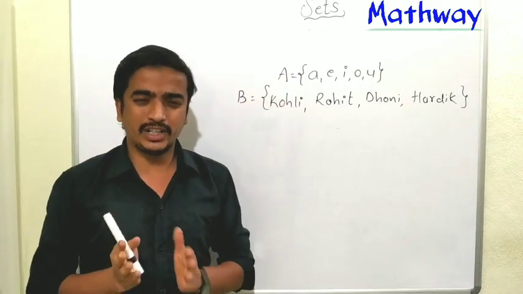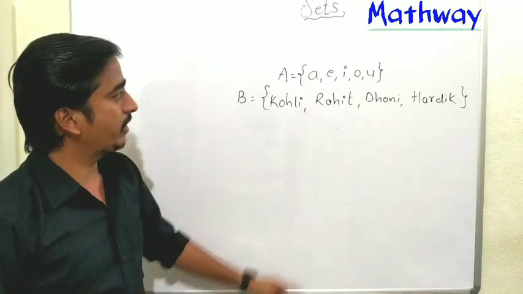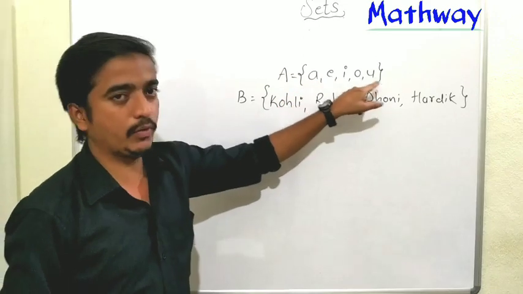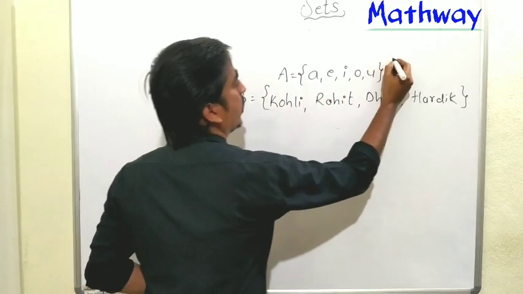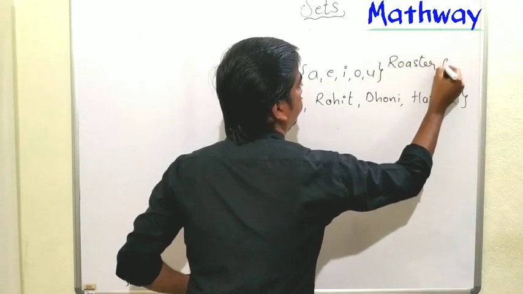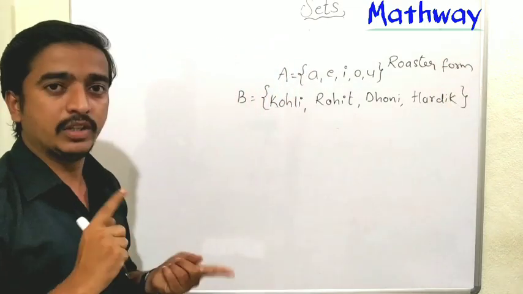Next, let us see what the roster form is and what the set builder form is. In the first example, the elements in the set are A, E, I, O, U. The elements listed separately like this are in roster form. Now let us see how to convert that roster form into set builder form.